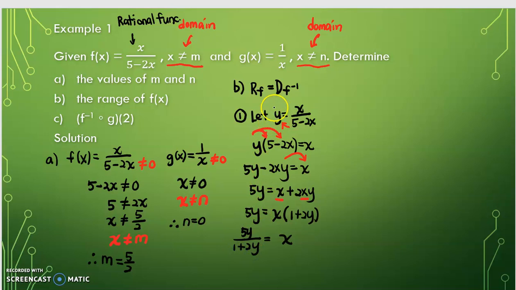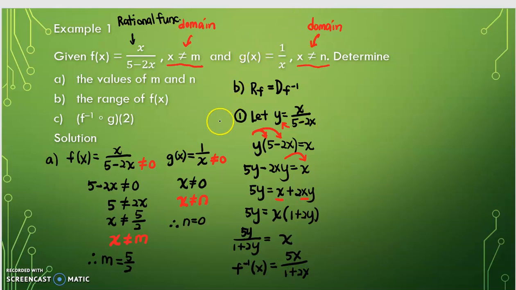So starting from y, we end with x. So this is our inverse function. So here f inverse will be equal to, changing y back to x, 5x over 1 plus 2x.